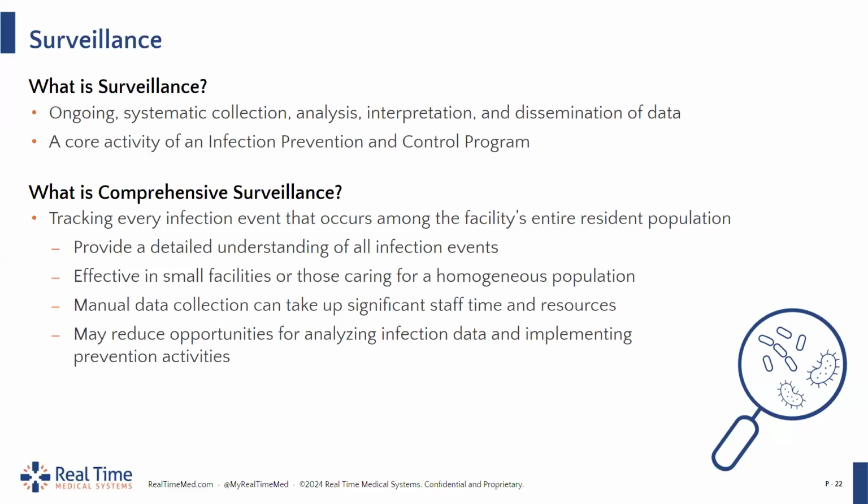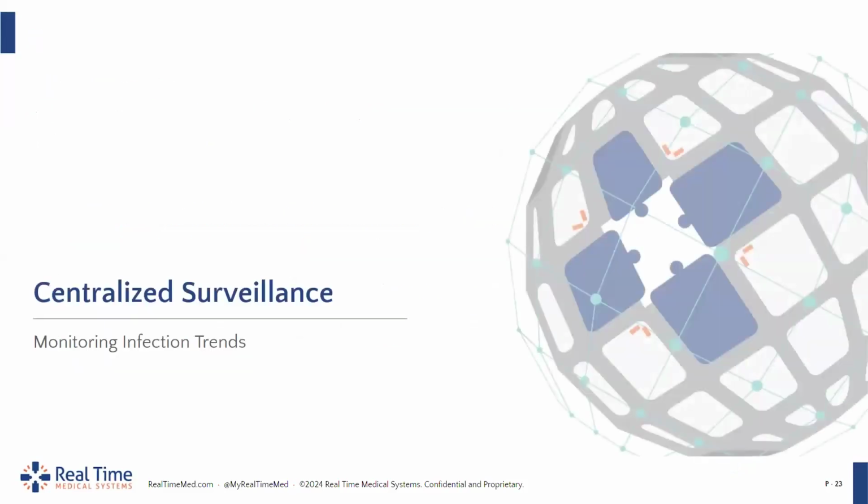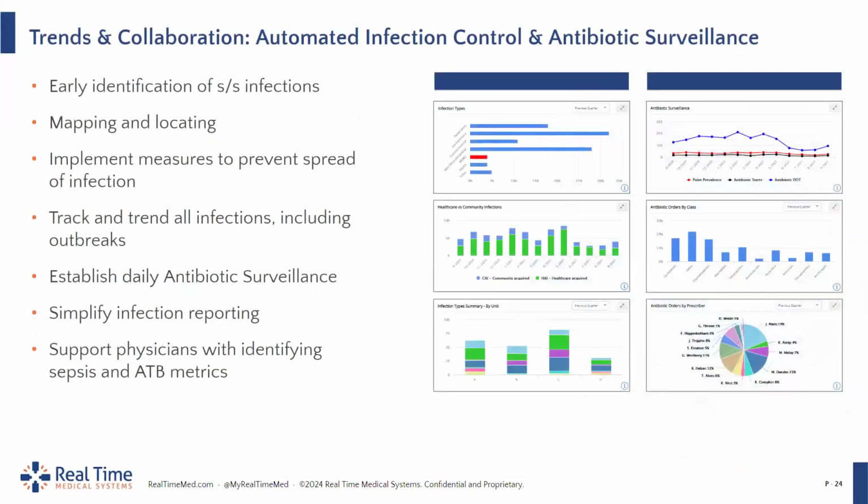And Kim, you can go to the next two slides, actually, and we'll talk a little bit about centralized surveillance. This is where you have that automated selection that you're able to make through your technology where you can identify those signs and symptoms of infections. Something is helping you do that mapping and that locating of your infections. Remember that is part of our requirements.